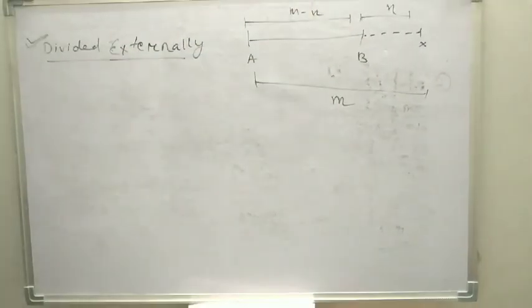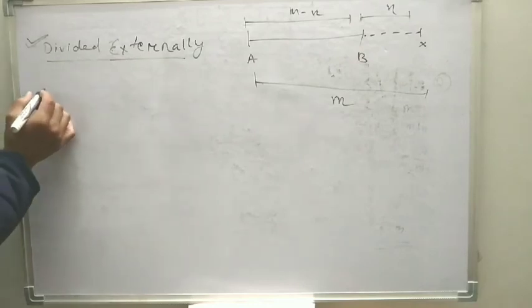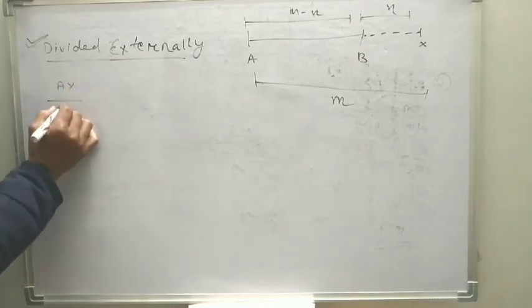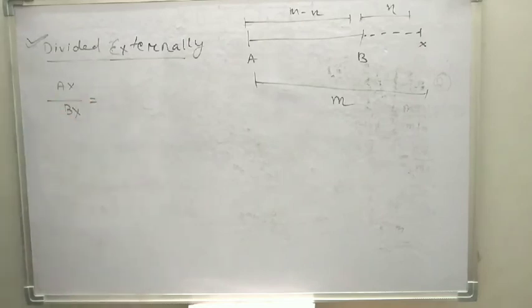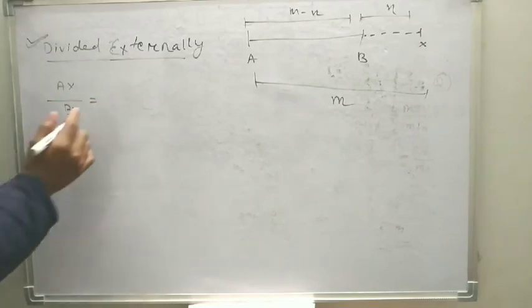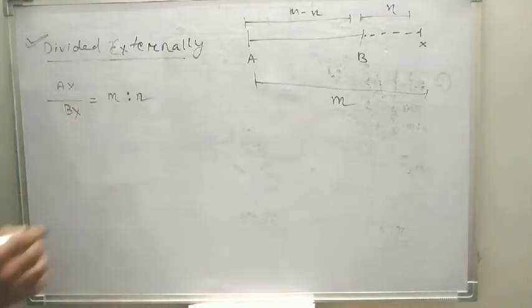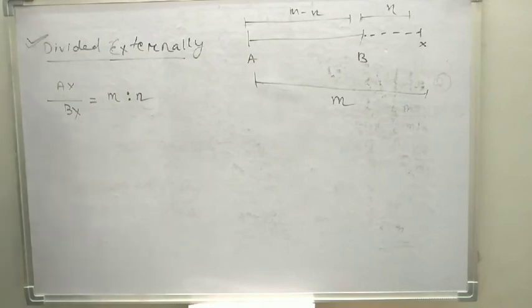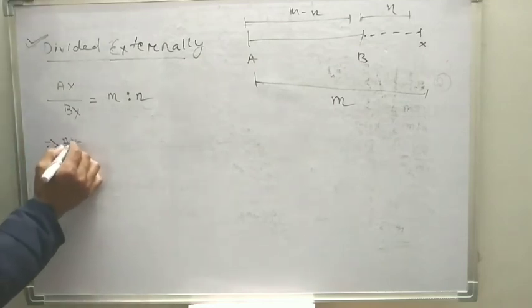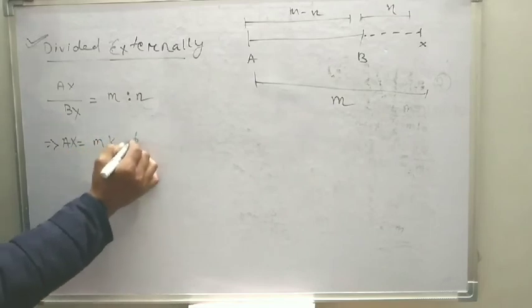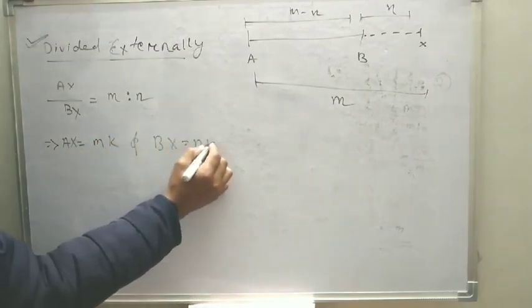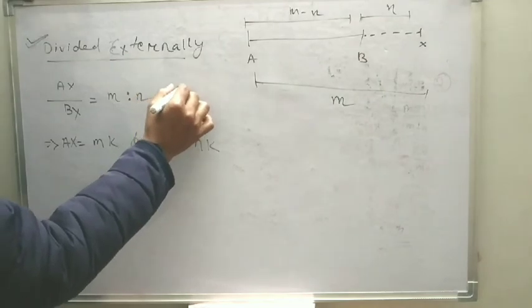Since we have a theorem that a line segment can be divided at a point in the ratio m is to n, internally or externally, we can write AX by BX will be equal to m is to n. Then we can write AX is equal to mk and BX is equal to nk, taking k as a constant.